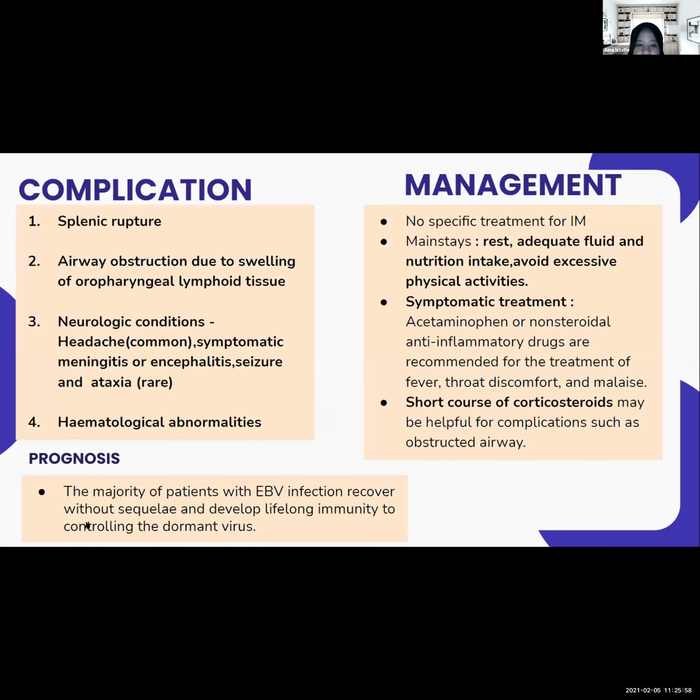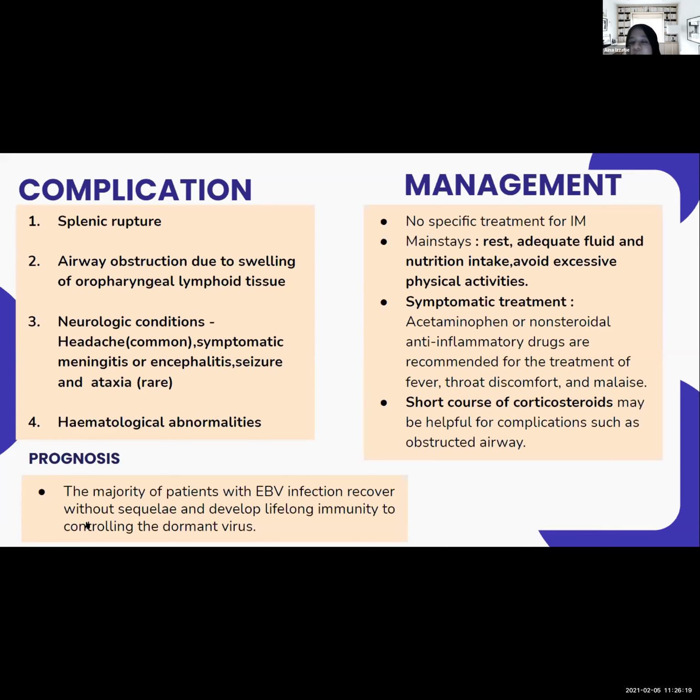thrombocytopenia and leukocytosis. Okay, for management, there is no specific treatment. The mainstays are rest, adequate fluid, and adequate nutrition intake. And we should advise the patient to avoid excessive physical activities because if there's splenomegaly, it is prone to rupture.